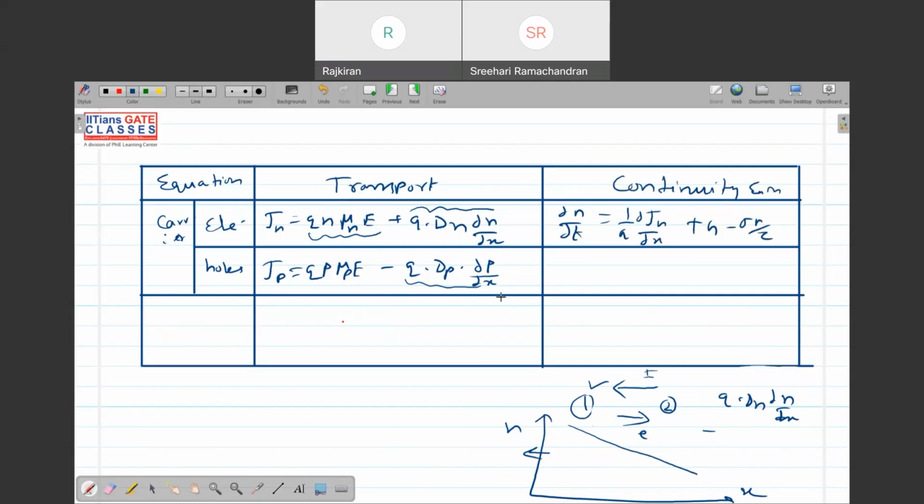Similarly, for holes it will be minus 1 by q d Jp by dx plus generation minus recombination. The minus will be coming from a similar reason.